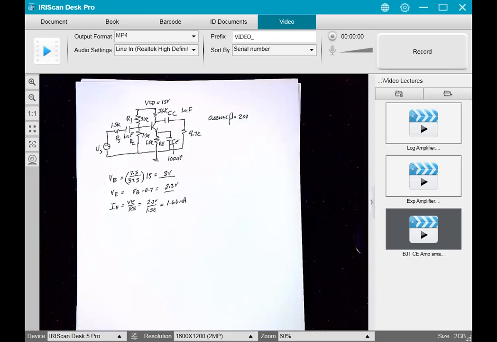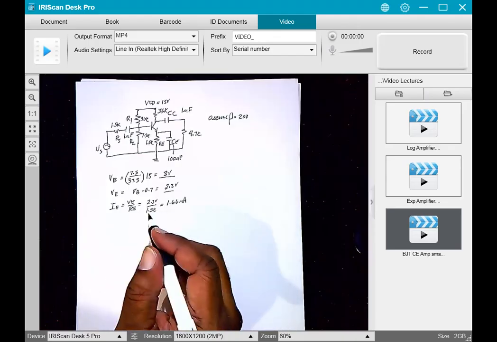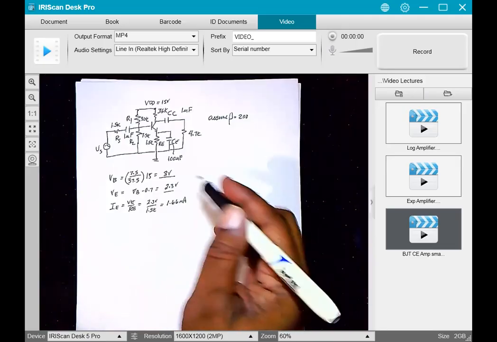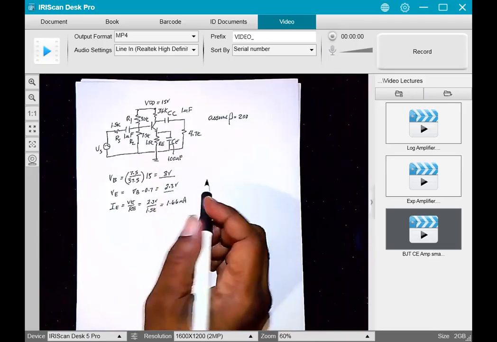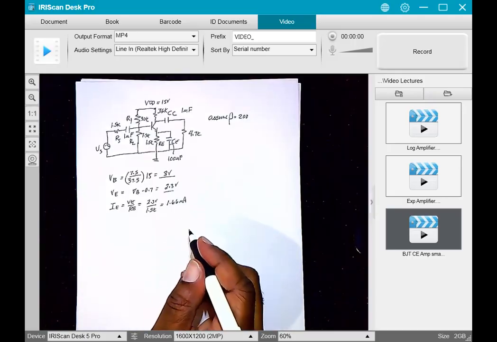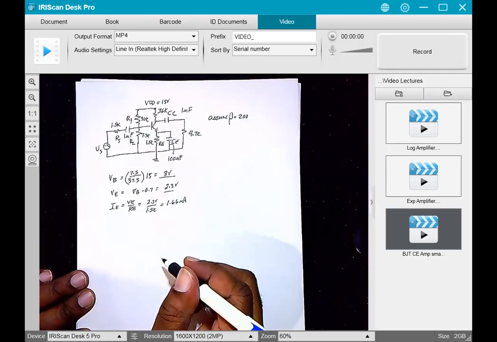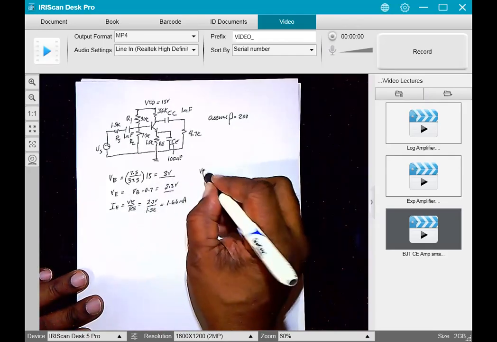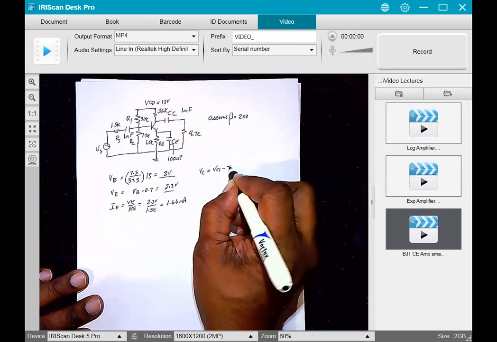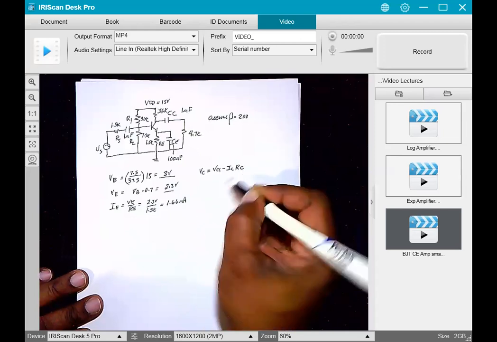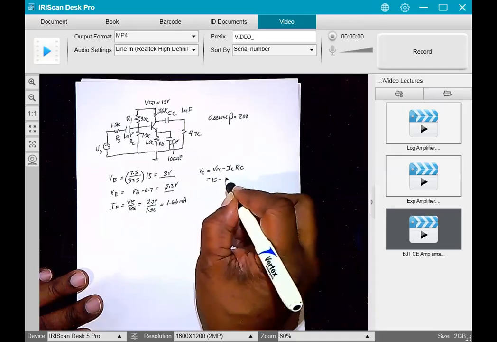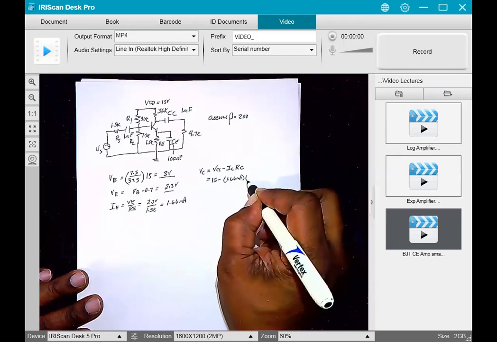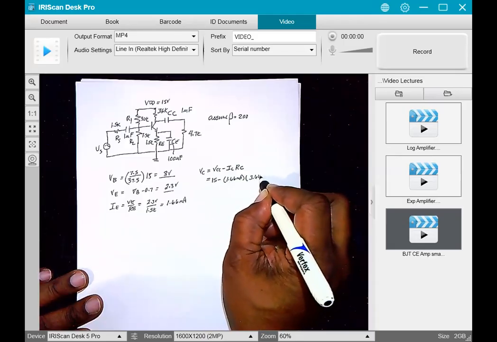So we have VE. We can calculate our VC and all that stuff, but we really don't need it. We actually have everything we need right now. But let's just do it anyway for good practice. VC would be VCC minus IC times RC: 15 minus 1.66 milliamps times 3.6K.